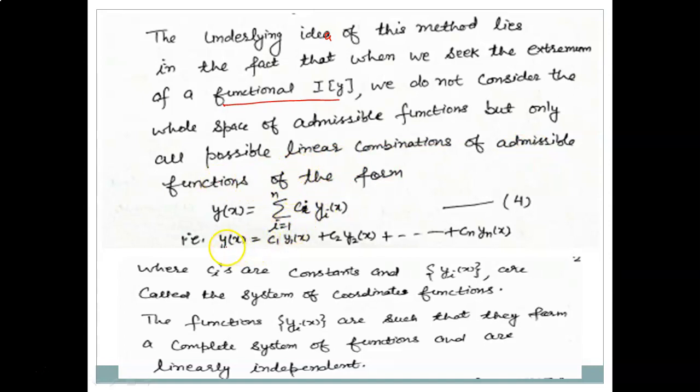Linear combination means you choose the solution of this given boundary value problem in terms of a linear combination of certain functions, where c1, c2 up to cn are the constants, and the y_i's are the space of functions, and these are also called the system of coordinate functions. The functions y_i(x) are such that they form a complete system of functions and are linearly independent.